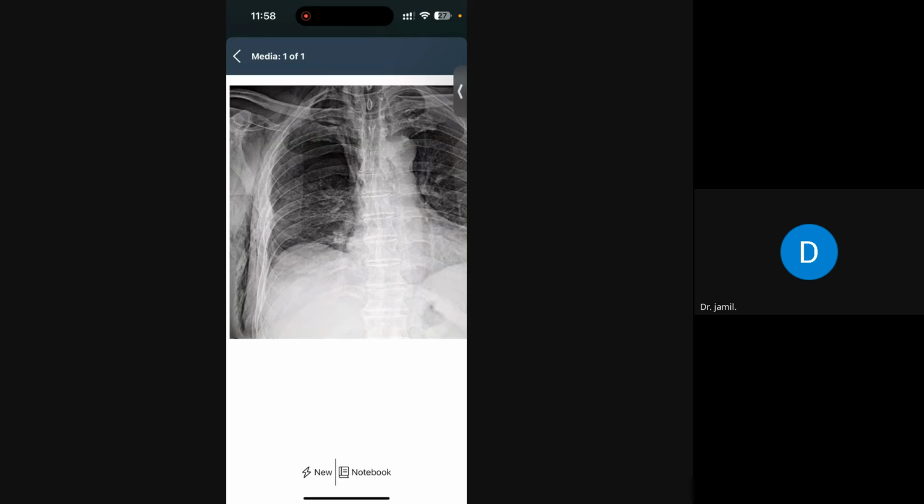You will see some peripheral lung markings, but not the whitish area as in atelectasis, pleural effusion, or consolidation in pneumonia. In pneumothorax you will see only a blackish area.